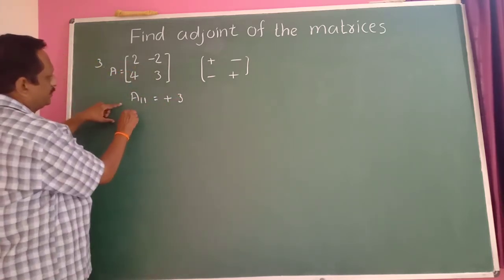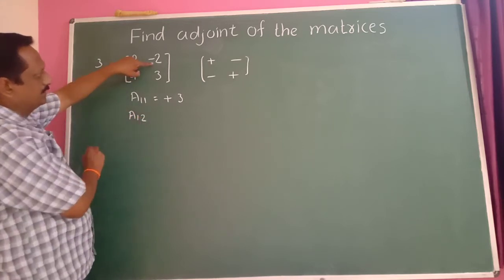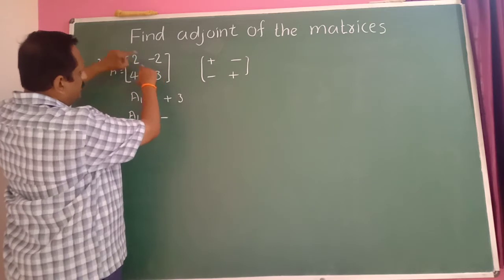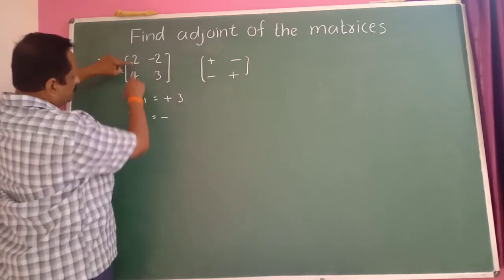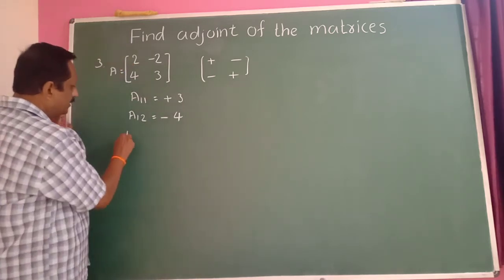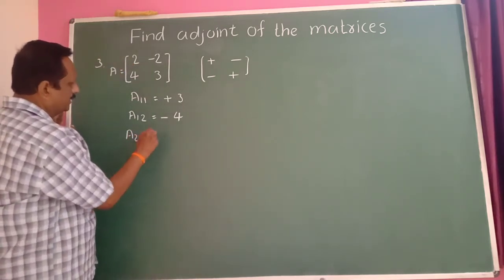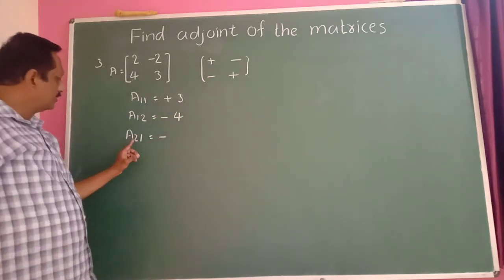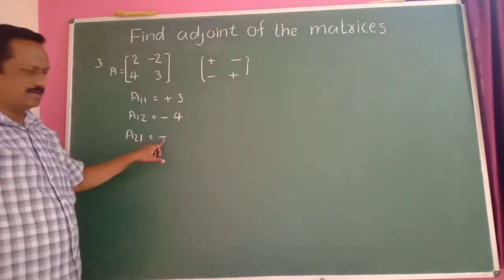Then A12. For this element, minus sign is there, so right here minus. Deleting the first row and second column, so right here 4. Then A21 here, for this element, take care minus sign. Otherwise, 2 plus 1 is 3, an odd number, take minus.